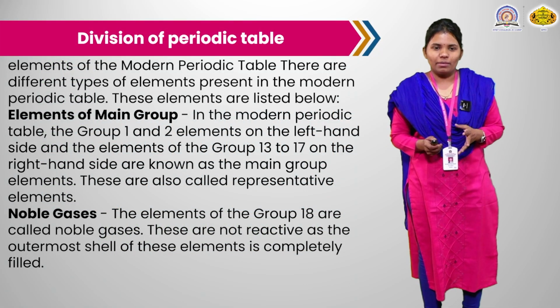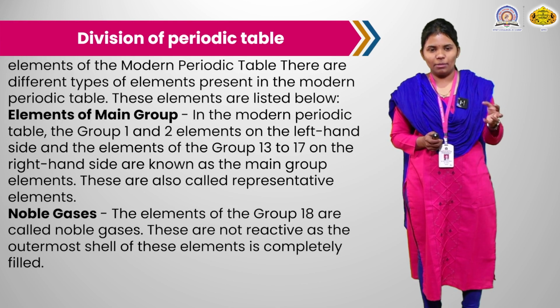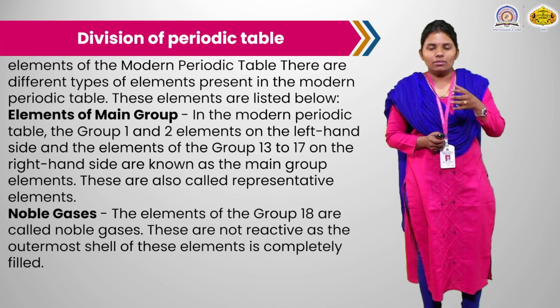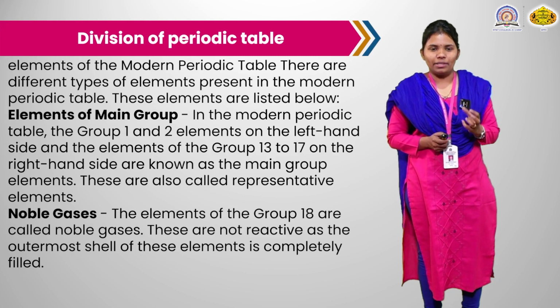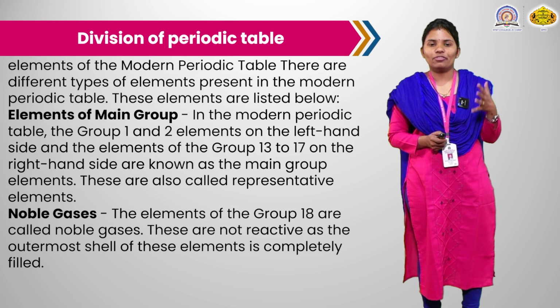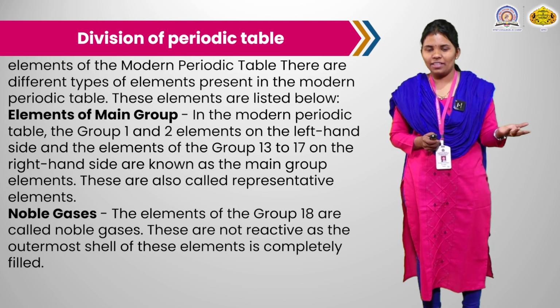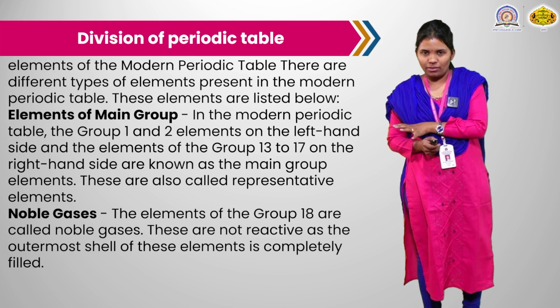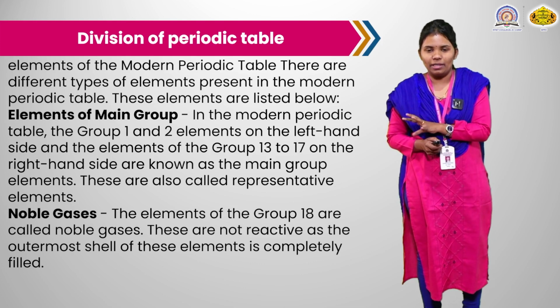The division of the periodic table is on the basis of representative elements, noble gas elements, transition and inner transition elements. So, where are the representative elements, or the alkaline earth metals, situated? Group 1 and 2 elements on the left hand side, and group 13 to 17 on the right hand side are called representative elements.